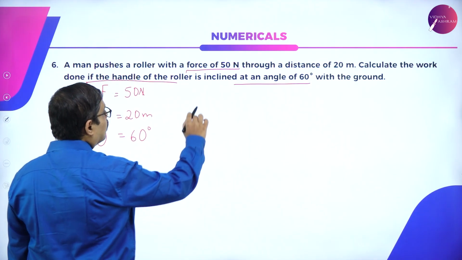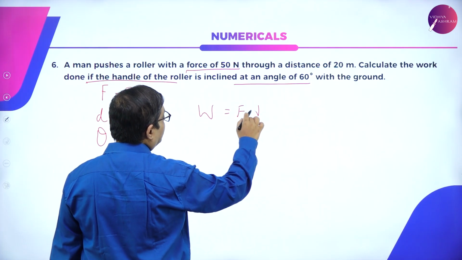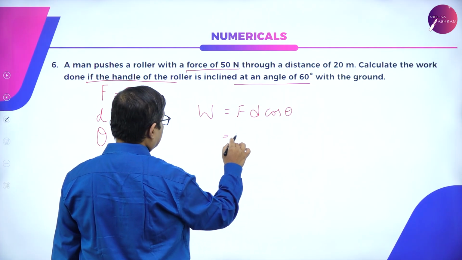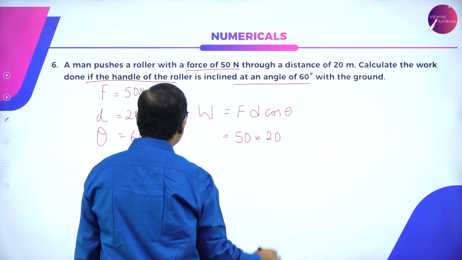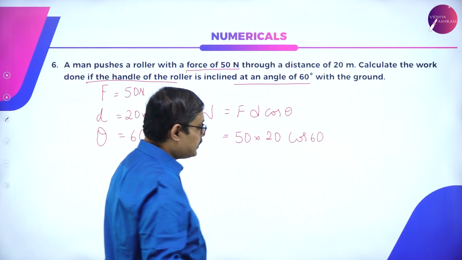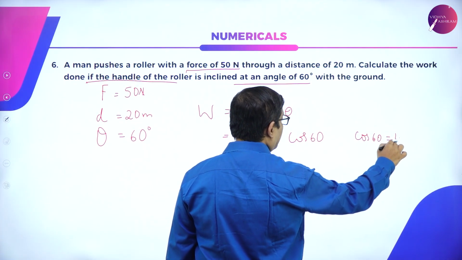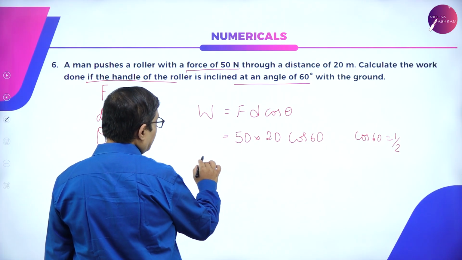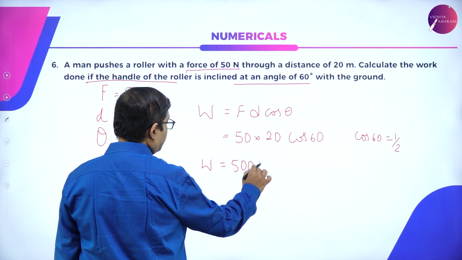We know that work done equals force into displacement into cos theta. This is 50 into 20 into cos 60. Please remember, cos 60 is half. So work done equals 500 joules.